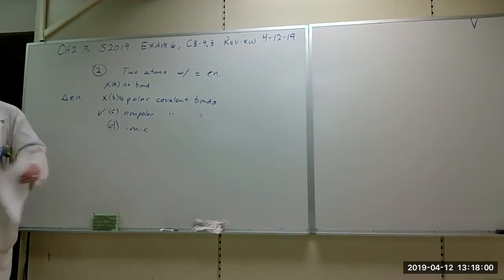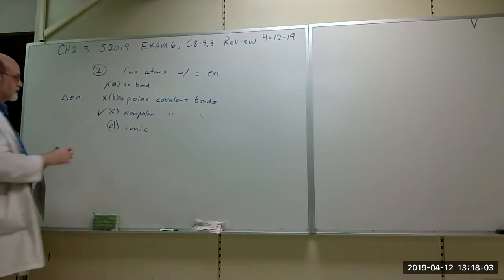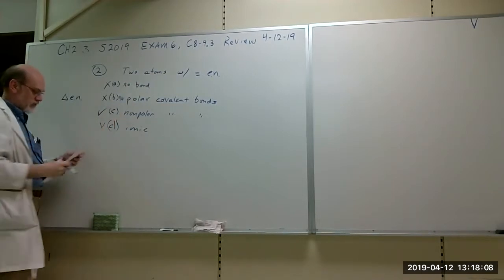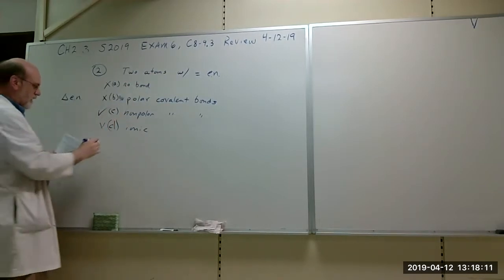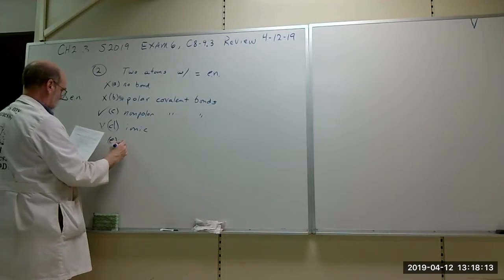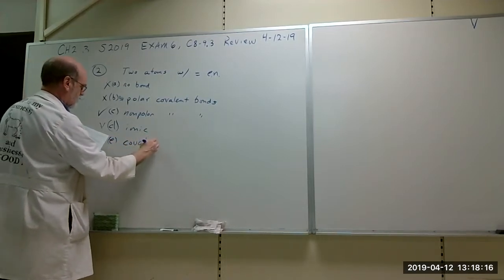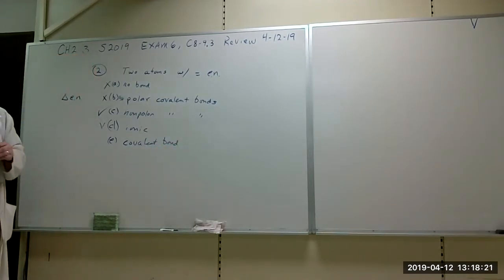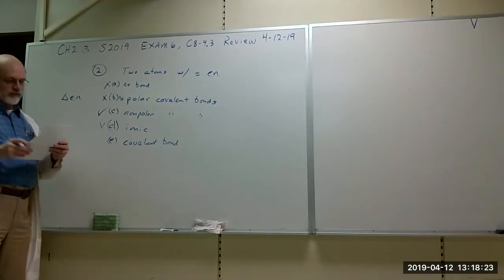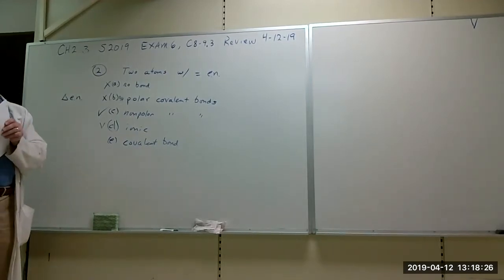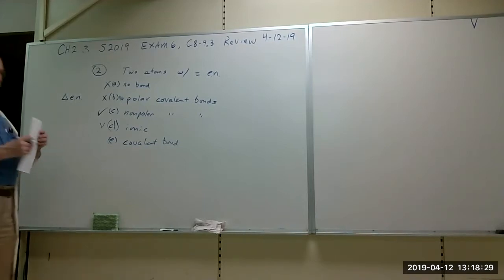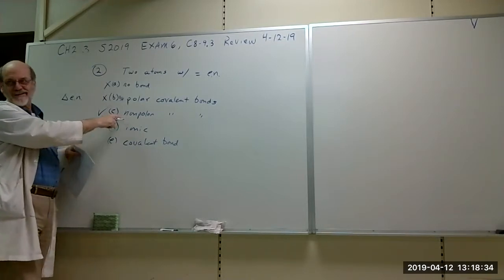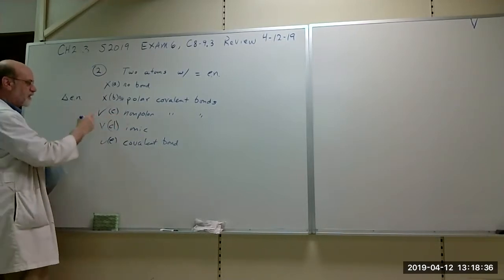They need to be widely spaced to give you an ionic bond. So this condition is not conducive to ionic. And E, well, covalent bond. That's true, but it's not the best answer. That's why I always put up at the top of your test, choose the best answer when in doubt. Because this one is true, but this one is truer. So they're both good, but this one's better.